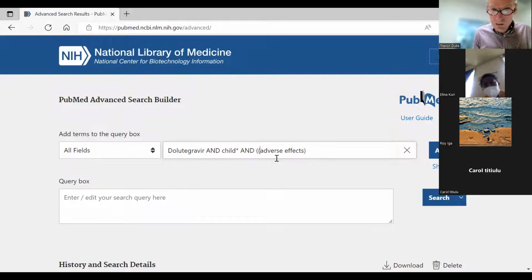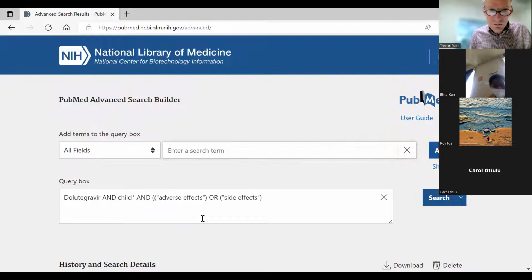Or I might say also OR side effects. Sometimes it's useful to put that in quotation marks. So side effects. Let's see what we come up with here, because I haven't done this search before, so we'll just add that and let's just search on that.